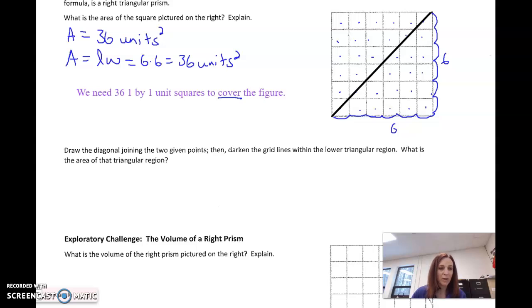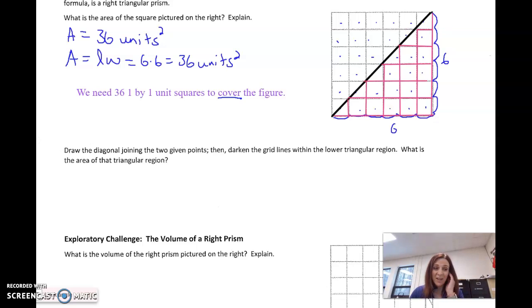Really what we're worried about here is the lower half of this square. We've cut it into two, and hopefully what you see is a triangle.